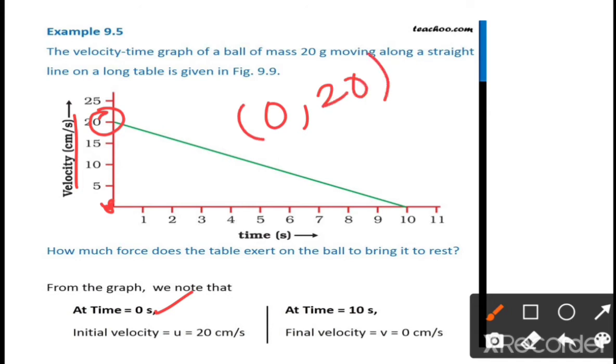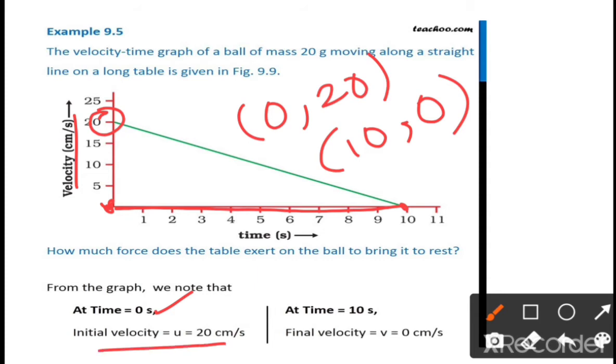At time 10 second, the velocity is 0, the point (10, 0). So at time 0 second, the initial velocity is u equal to 20 centimeter per second. At time 10 second, the final velocity is 0 centimeter per second.